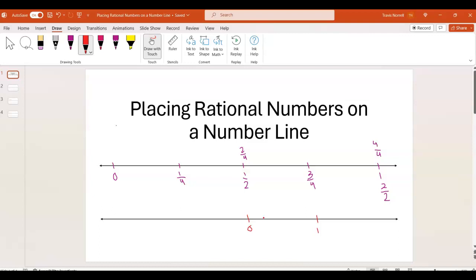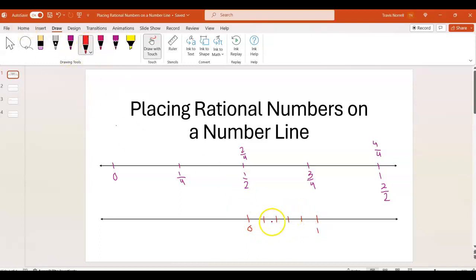So I'm going to break it up into fifths. 1/5, 2/5, 3/5, 4/5. So you can see here, I've got 1 section, 2 sections, 3 sections, 4 sections, 5 sections. So I've got it into 5 equal sections.